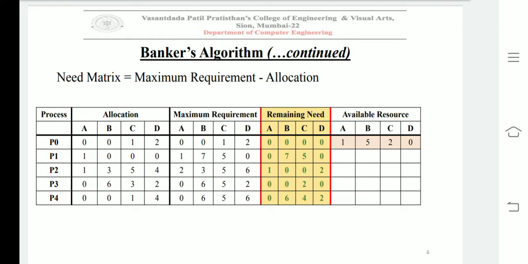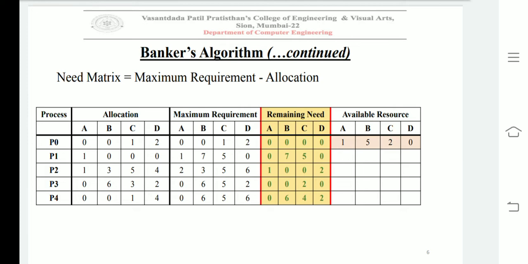Allocation is nothing but the resources which are allocated to each and every process, and the maximum requirement is nothing but the requirement of the resources by each and every process. In the fourth column you can see the remaining need of each process according to its resource type.